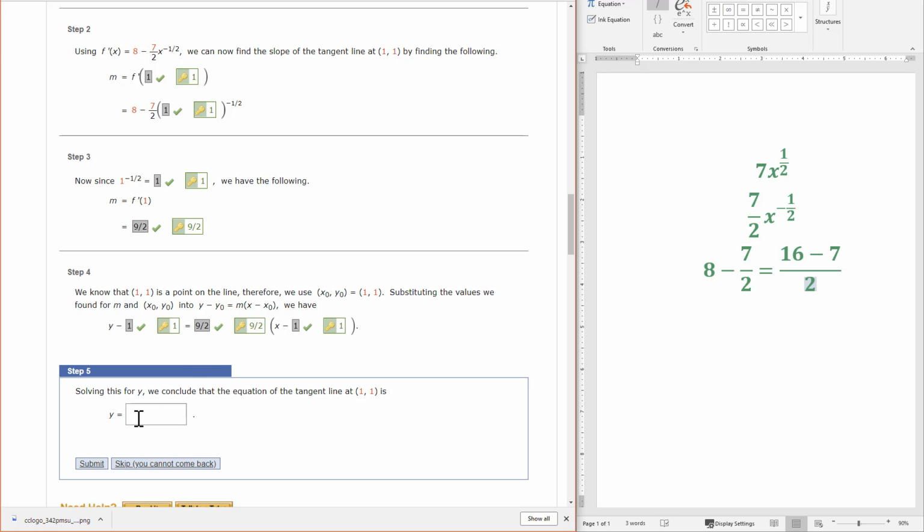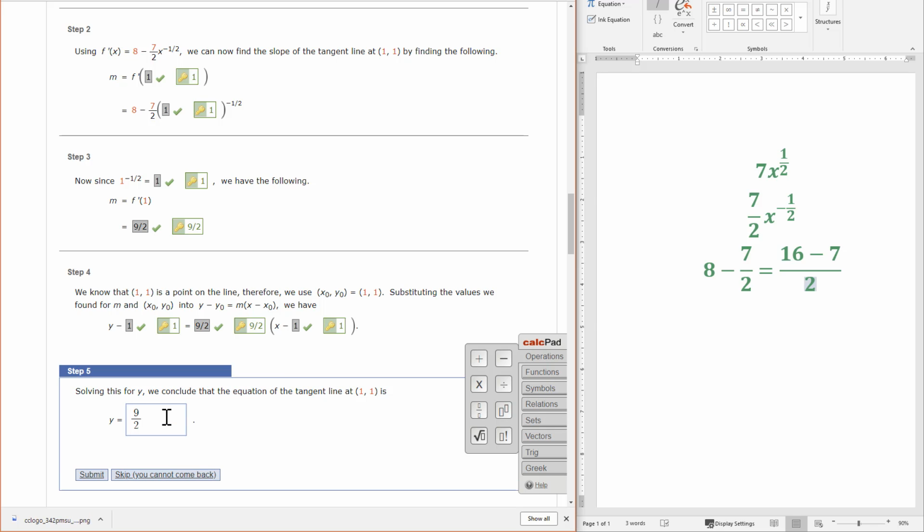So to do that, you distribute this 9/2 to the x, so that would be 9/2 x, and then you distribute the 9/2 to the 1, so that's -9/2, but then you have an extra 1 out here, so maybe we should do that whole thing here.